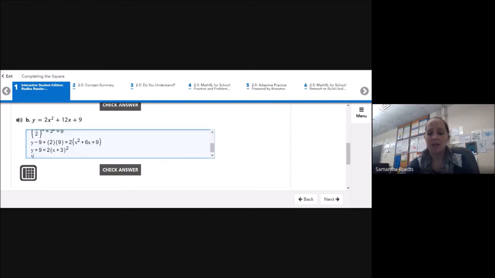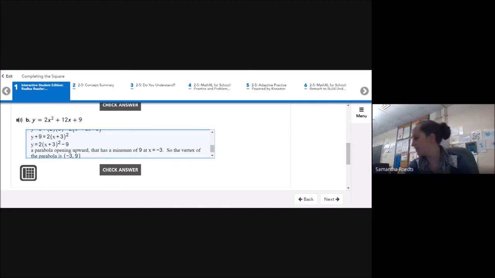And then I need to subtract 9 from both sides. So I get y equals 2 times the quantity x plus 3 squared minus 9. So this means it's a parabola opening upward that has a minimum of negative 9 at x equals negative 3. So the vertex of the parabola is negative 3, negative 9.